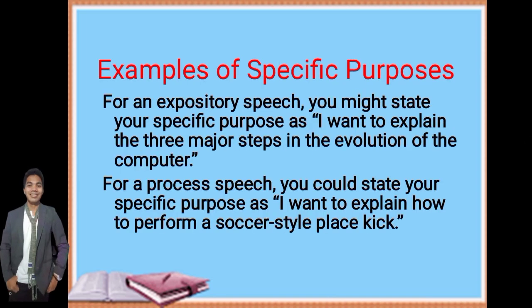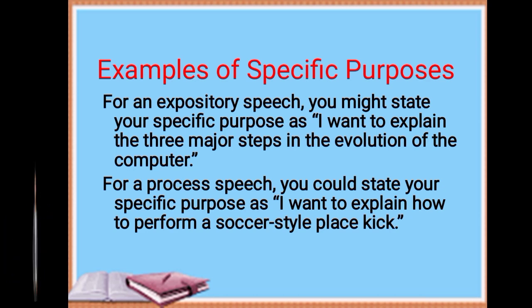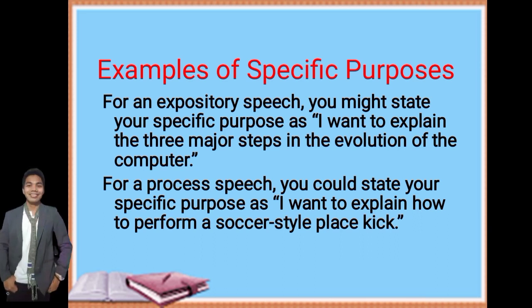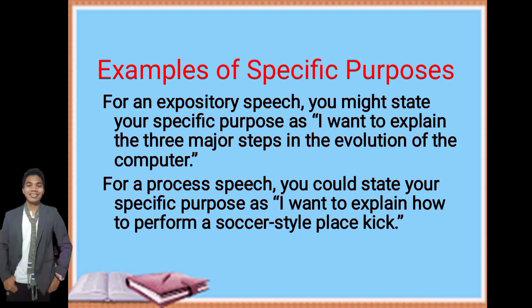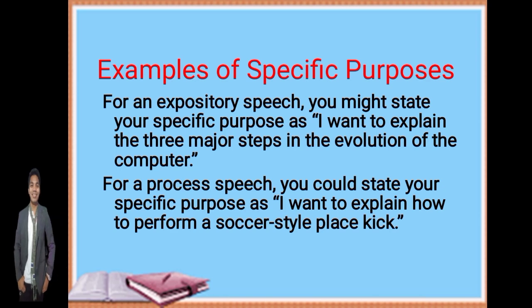Next, we also have the examples of the specific purposes. For an expository speech, you might state your specific purpose like this: I want to explain the three major steps in the evolution of the computer. So here, you are trying to explain how the computer evolved, what the changes are from the old times up to the modern times.